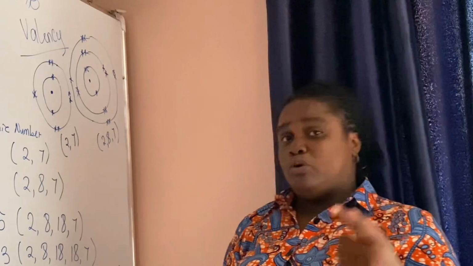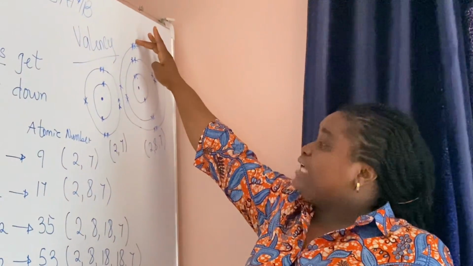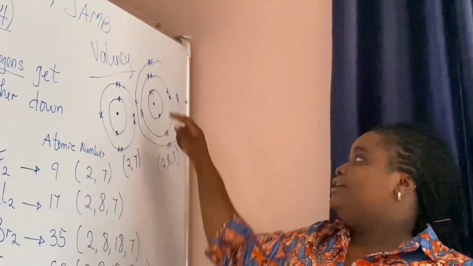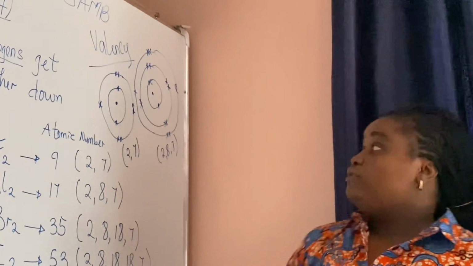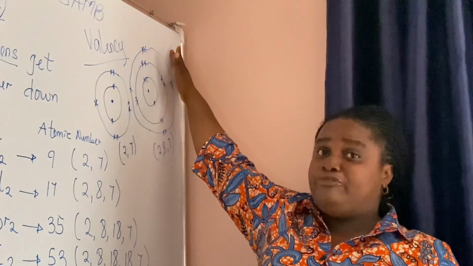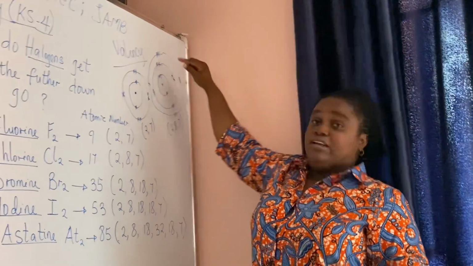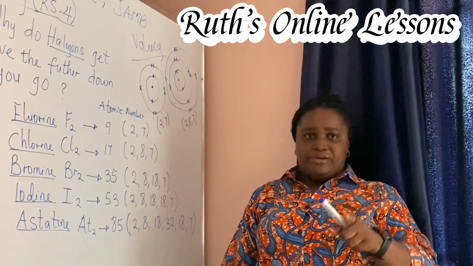And the chemistry behind this is that the further the electrons are away from the nucleus, the harder it is for the atom to gain electrons. And when atoms find it very difficult to gain electrons because their shell is far away from the nucleus, it becomes very difficult for them to be very reactive.